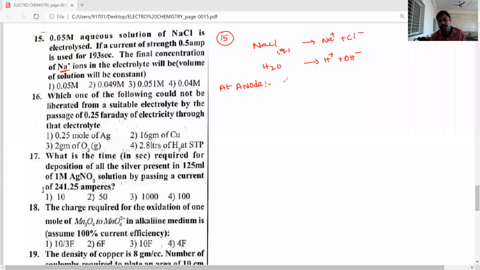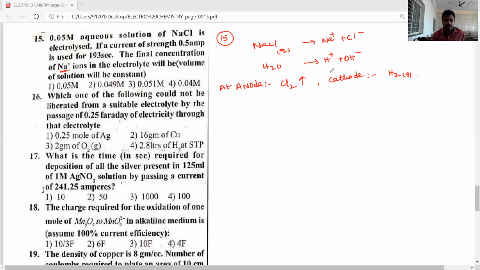At the anode, chlorine gas will be liberated. At the cathode, hydrogen gas will be liberated.